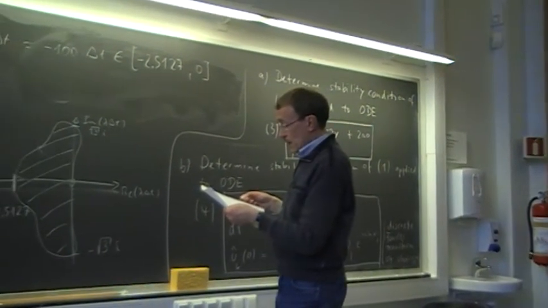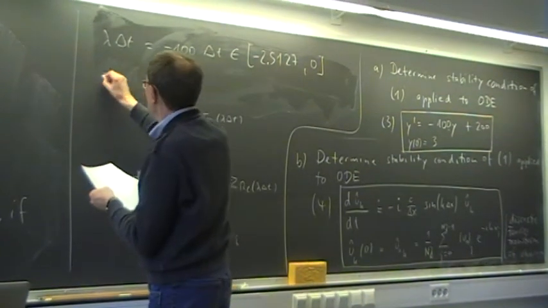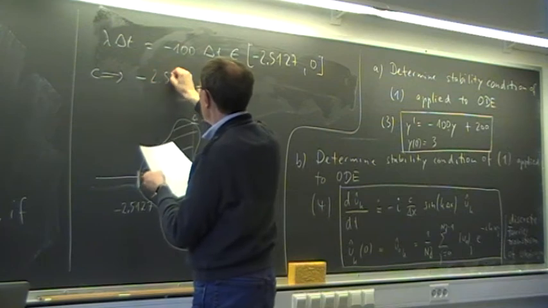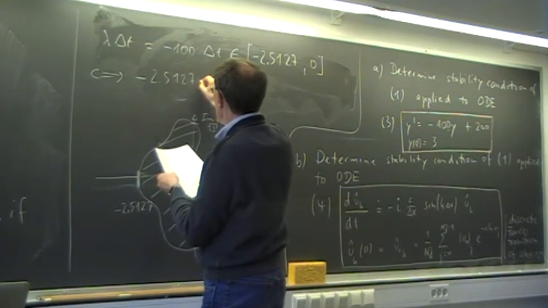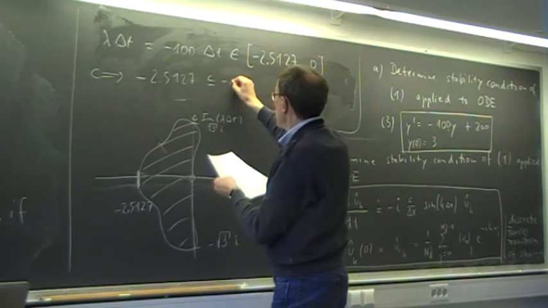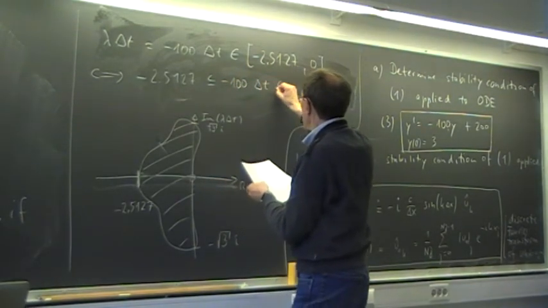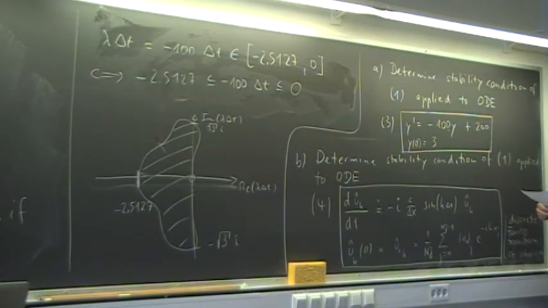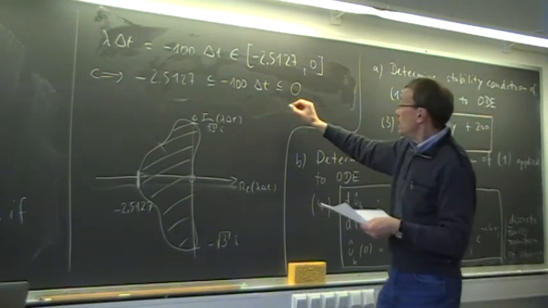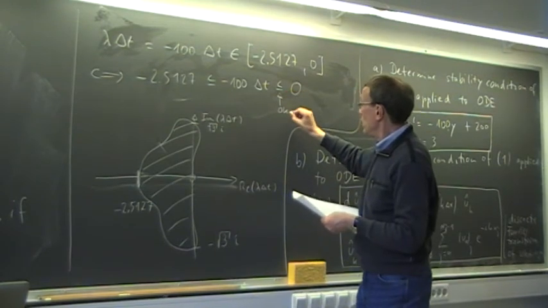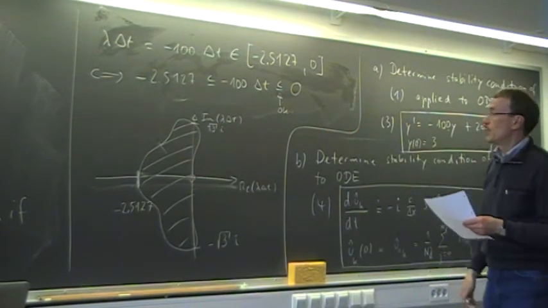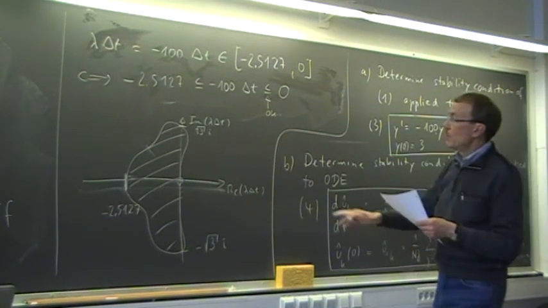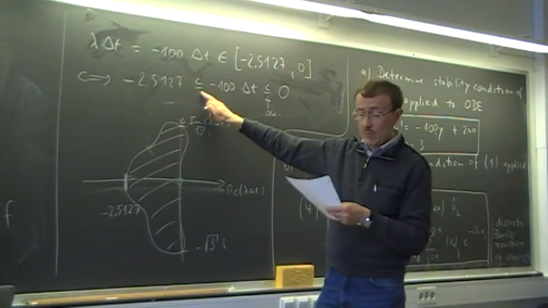And that is then satisfied if minus 2.5127 is smaller equal than minus 100 delta t smaller equal than 0. So that is what this means. This inequality here is okay, because we assume that we have a positive time step, so that is then no problem. But this condition will be then the condition that limits our time step.